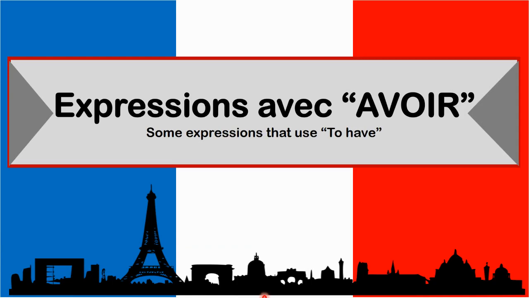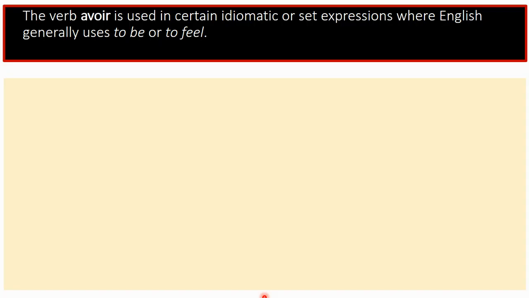Let's have a look at some expressions that use the verb avoir. There are some idiomatic expressions in English that use to be or to feel, but in French, we use the verb avoir, and it's just a matter of memorization.